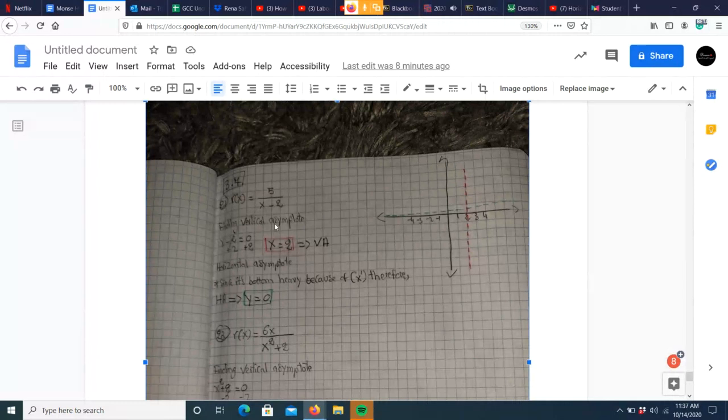Okay, so now you're taking the leading term of the numerator, which is 5, and the leading term of the denominator, which is x. Think about x going to infinity.